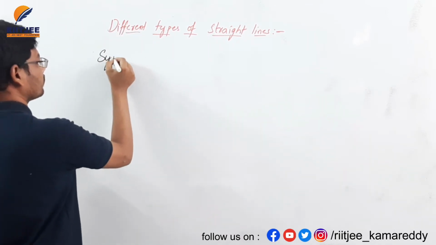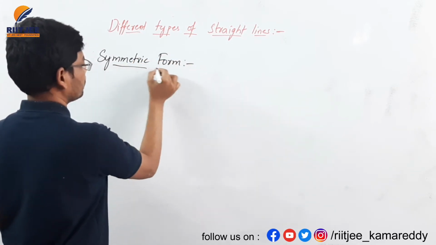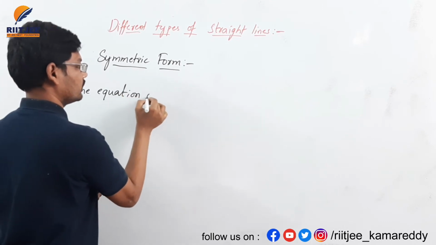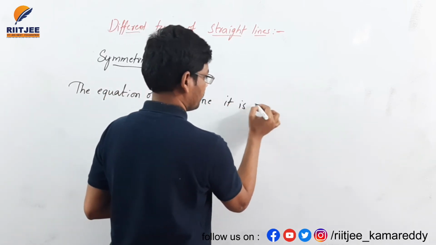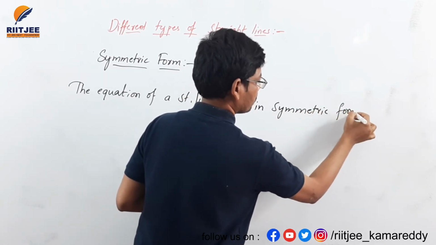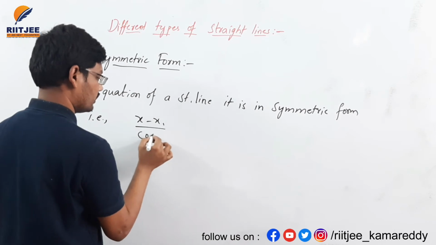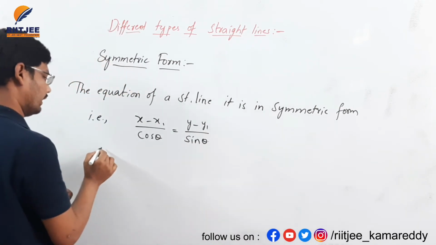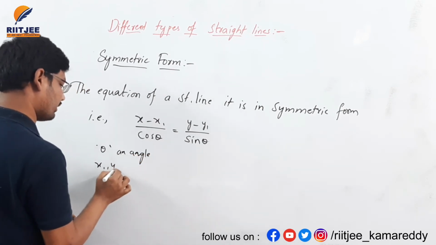And the next one is symmetric form. The equation of a straight line in symmetric form is x minus x1 by cos theta is equal to y minus y1 by sin theta, where theta is an angle and x1 comma y1 is a point on the straight line.